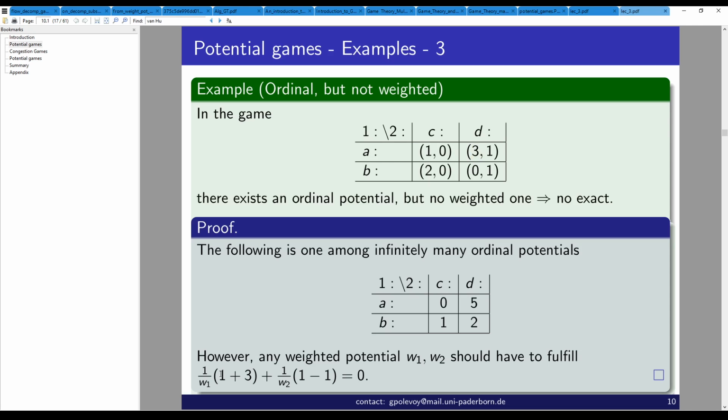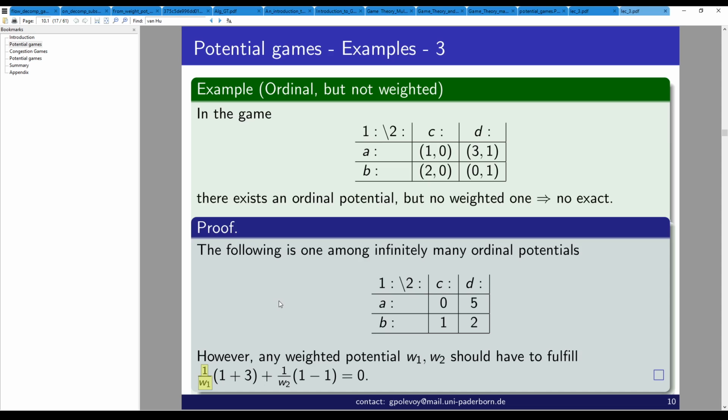And that should make the potential function, if you recall the definition, change by (1 plus 3) over W1, because the change in the function divided by the weight is equal to the change in the potential.